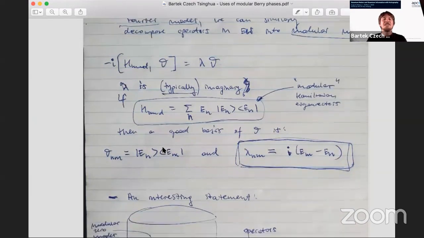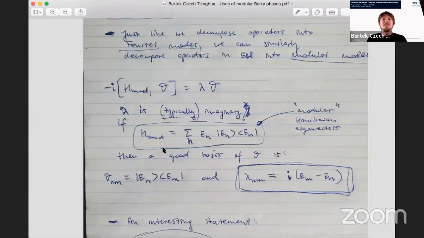The punchline here is that just like we use Fourier analysis in ordinary daily life, for example, we decompose signals into frequencies, or we decompose whatever varies spatially into different wavelengths, in a similar fashion, now that we have a modular Hamiltonian, we can decompose operators into modular frequencies.